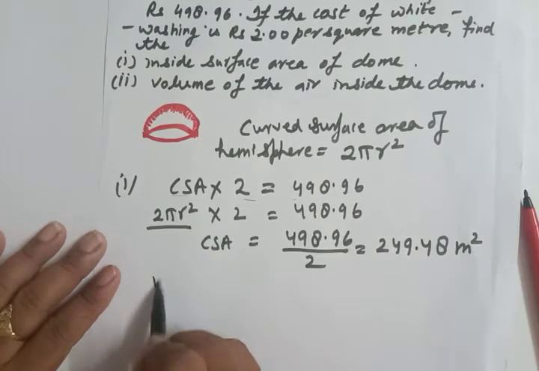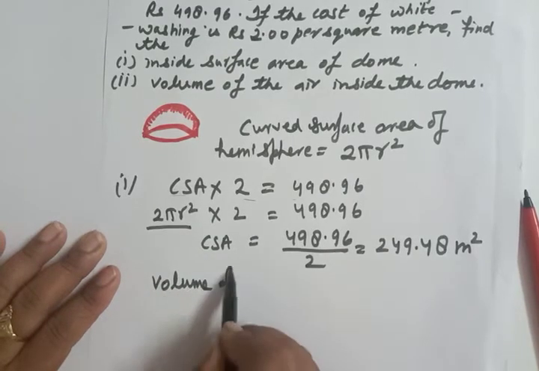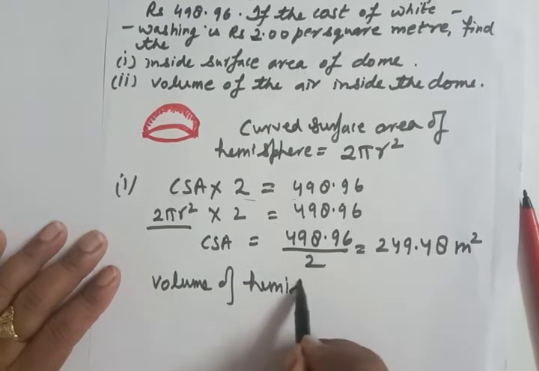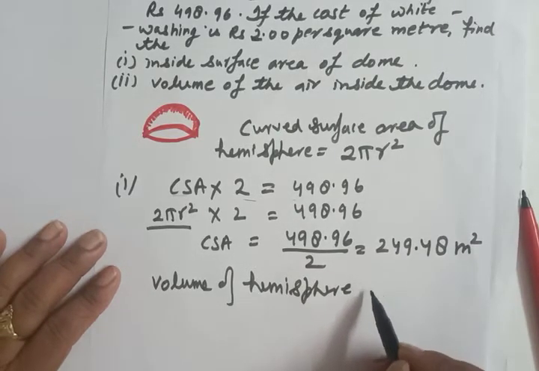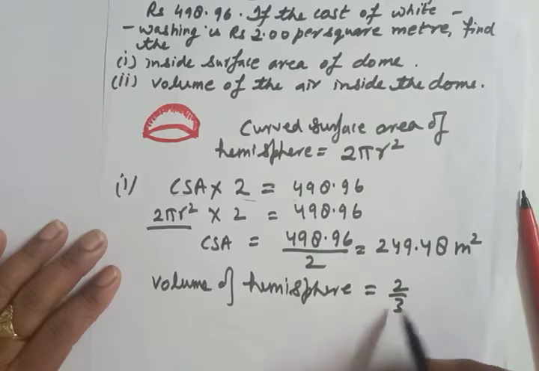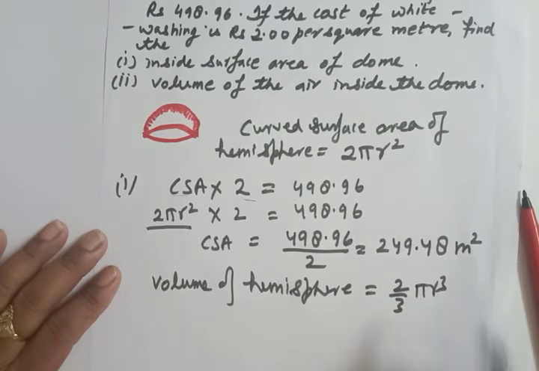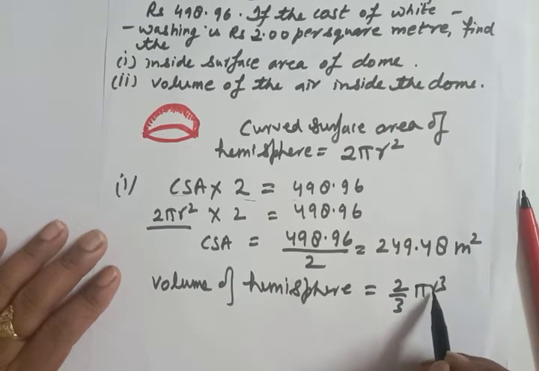First of all, just recall the formula, volume of hemisphere. Why? Because this dome is of the shape of the hemisphere. So that is 2 upon 3 pi r cube. Here we need the r.